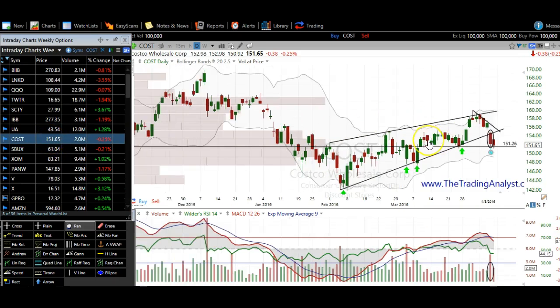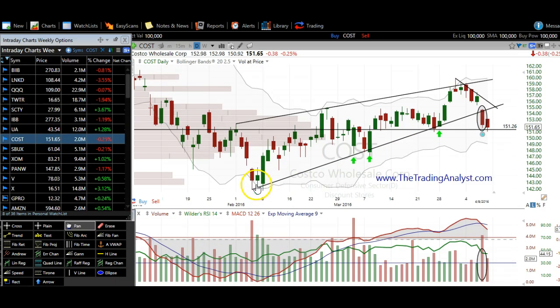Next, we're going to cover Costco. Costco broke below this uptrend line support right here, but we are at a level of pretty heavy support right around this 151, 150 range right here from the lows of these candles, the lows of these candles. And as you can see, there's a lot of volume by price bars in this range as well.